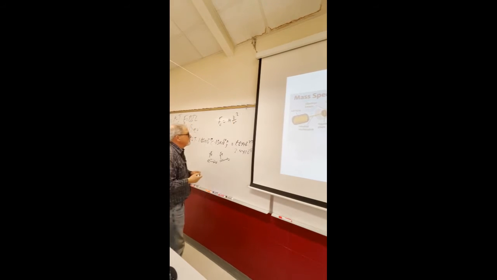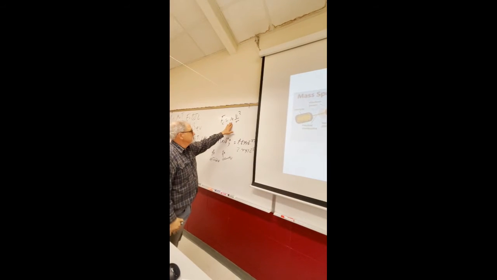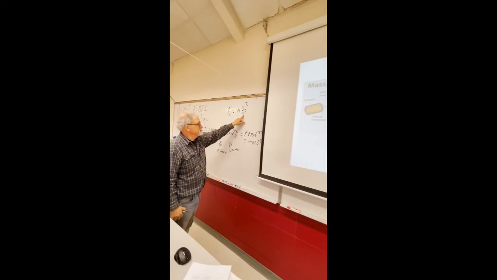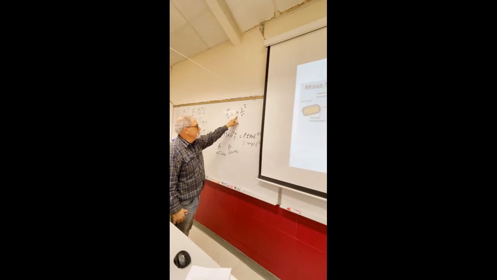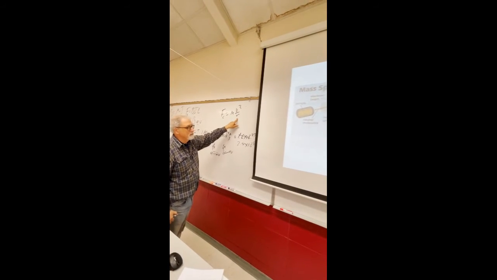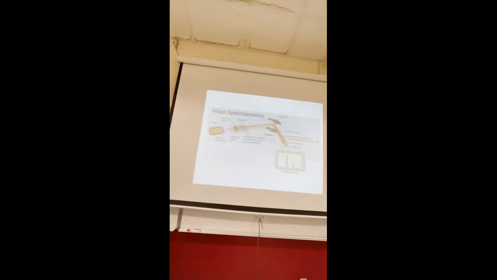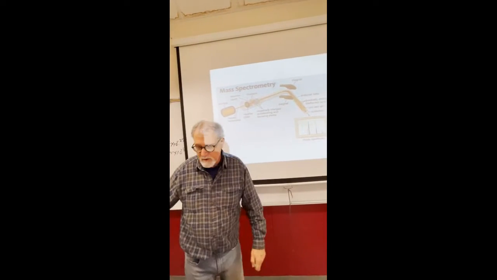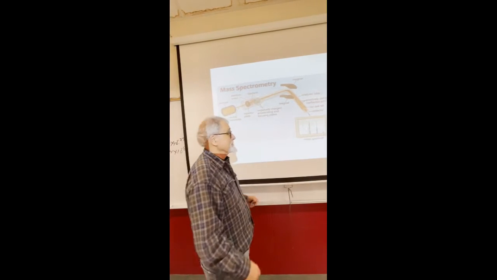Okay, so as the mass changes, the radius will change. More mass, less radius. Less mass, more radius. Which is easier to make go around a circle? A bowling ball on the end of a chain, or a golf ball on the end of a string? Golf ball.